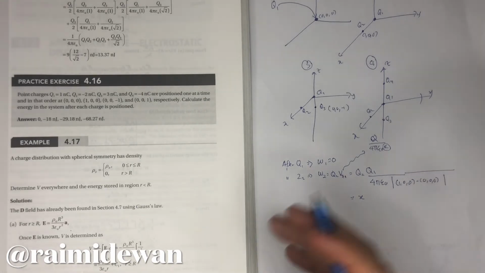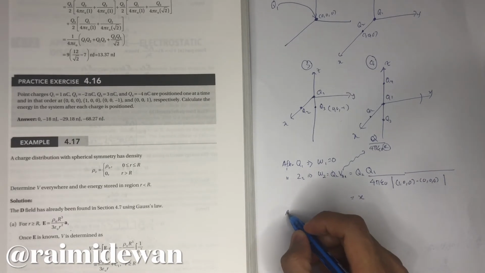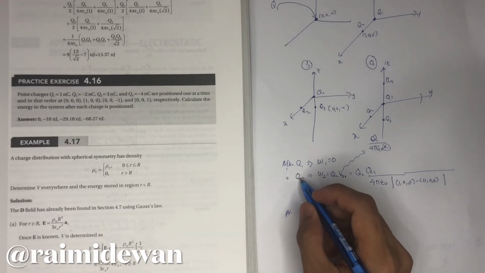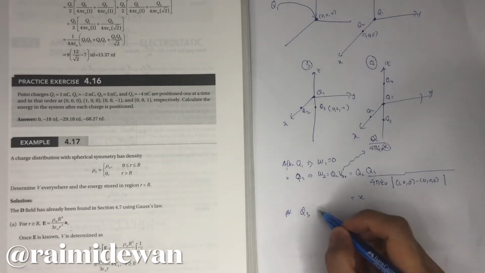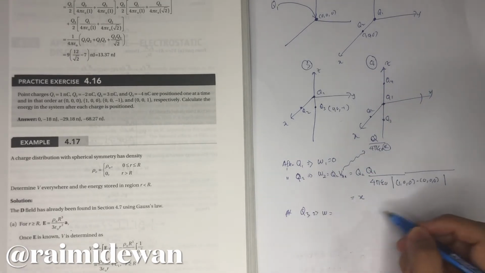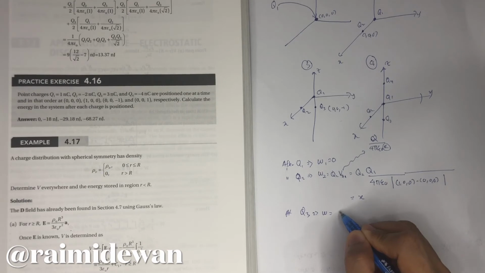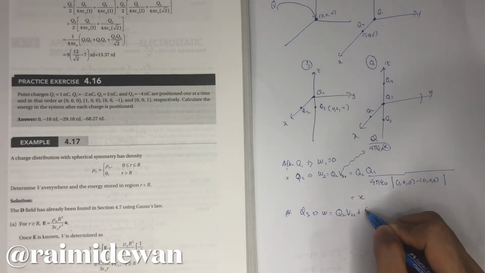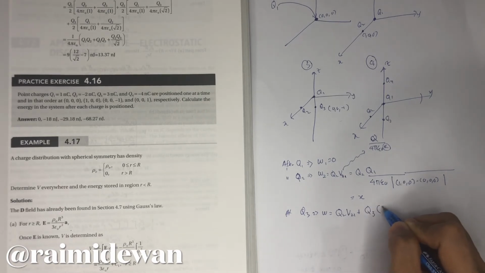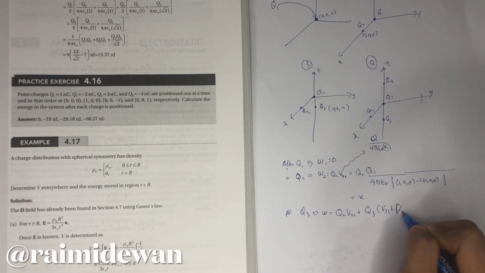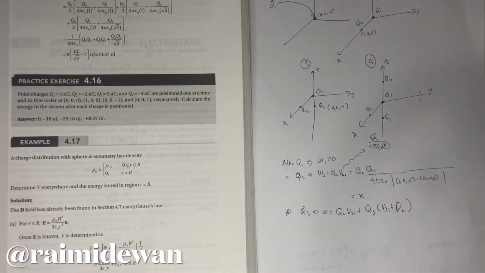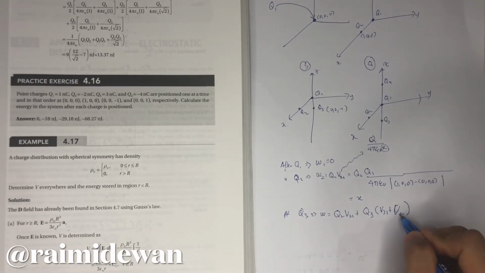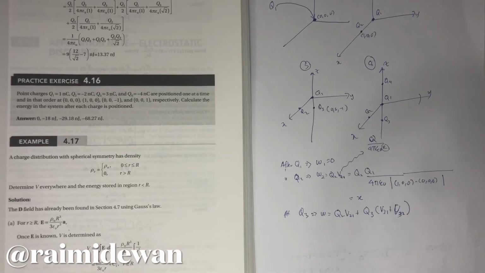Solve this and you get the answer in x. After that, when Q3 is inserted, now you begin to have more work. Initially you just had Q2 V21. Then the next one is the charge Q3 experiencing the potential due to 1 to 3 plus the potential due to 2 to 3.